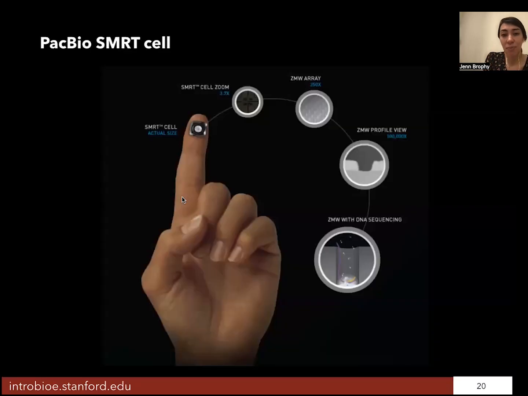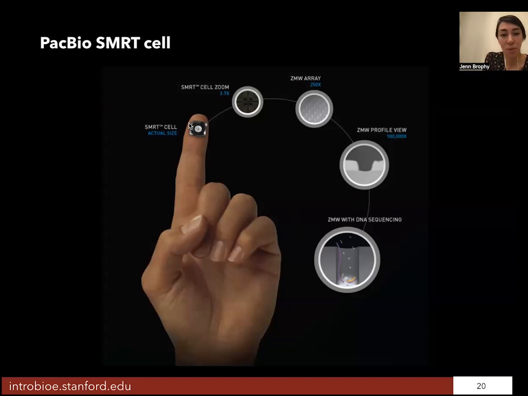So that's helpful. Here's the actual size of one of these SMRT cells. So what's in there? Well, you have this little micro well with the polymerase at the bottom, and then it's placed into this chip.